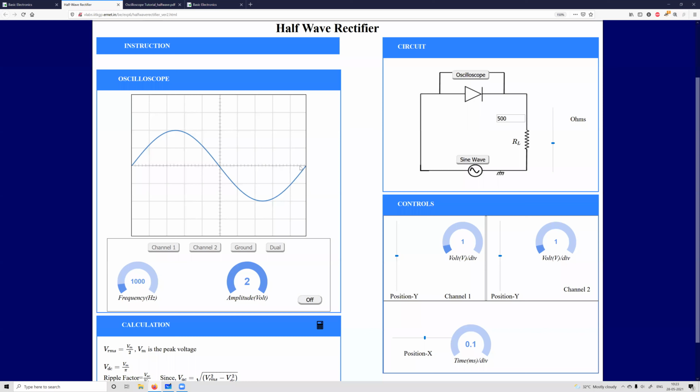If the time period is 1 millisecond, frequency will be 1000 hertz or 1 kilohertz. And that is exactly the frequency I am giving here, 1000 hertz.